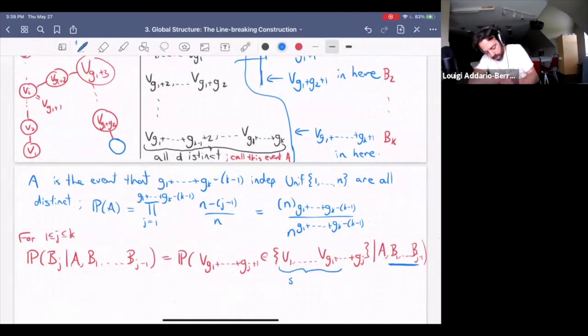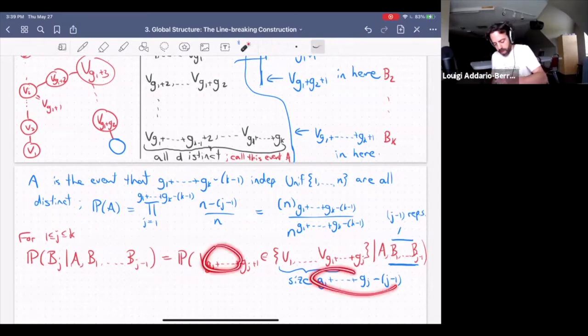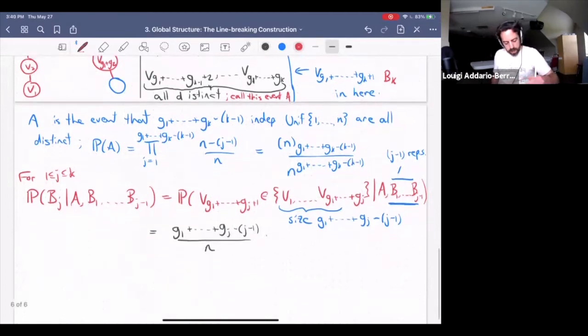Under this conditioning, this set has size g1 plus g2 up to gj minus j minus 1. So we're asking for this random variable, which takes n possible values, to fall in a set of this size. So the probability of that is just the size of the set divided by n.